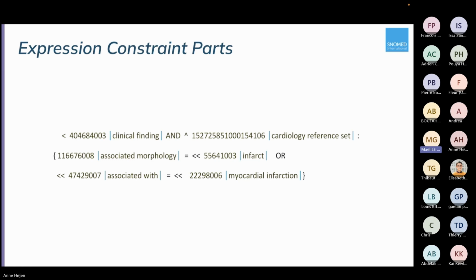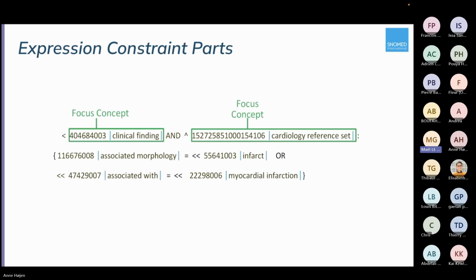Generally, expression constraints will follow a structure like I show you here. There can be one or more focus concepts. So if we just have one focus concept and none of the ECL symbols, then our expression constraint is restricted to that single concept.